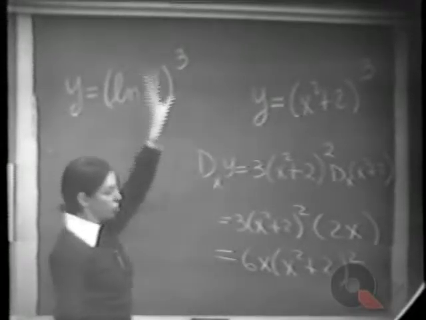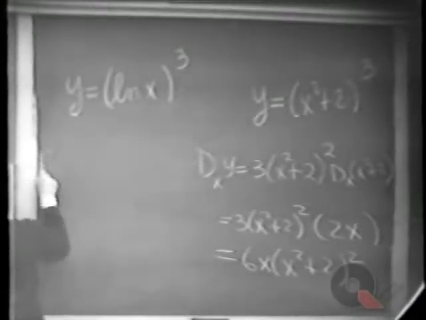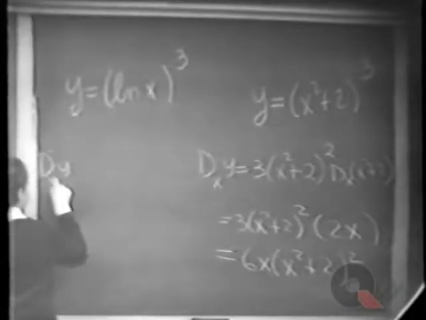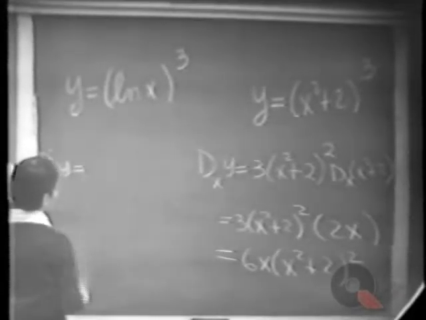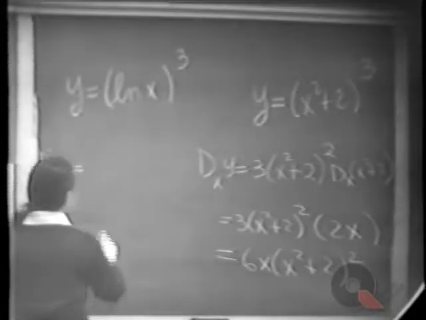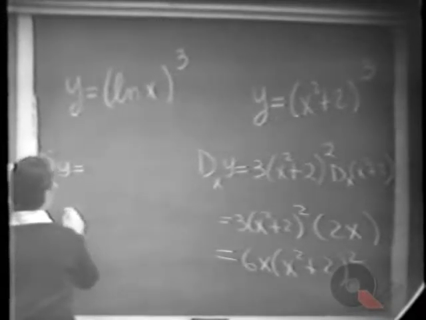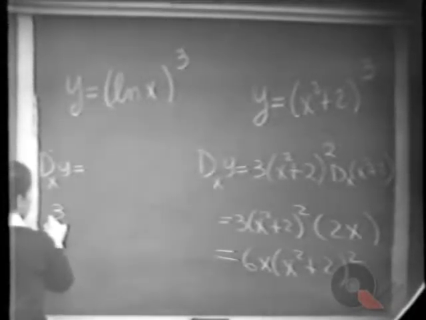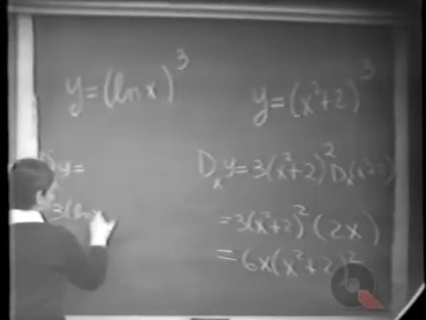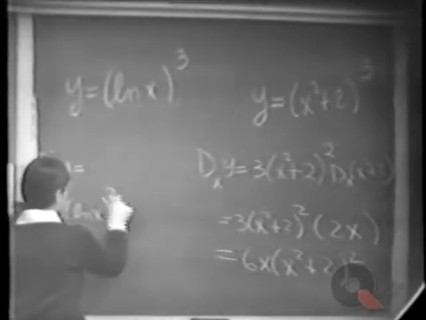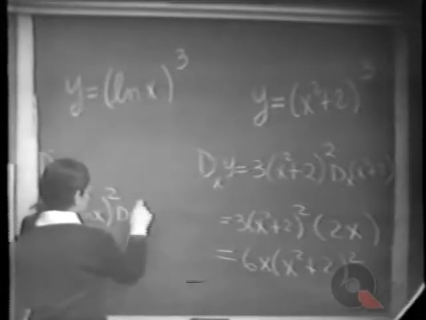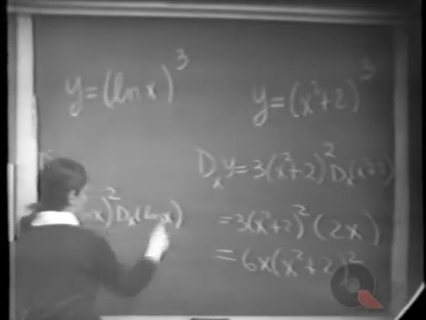It is a function to a power. We would like the derivative of y with respect to x. It will be the power, 3, times the function to the 1 less power times the derivative of the function.